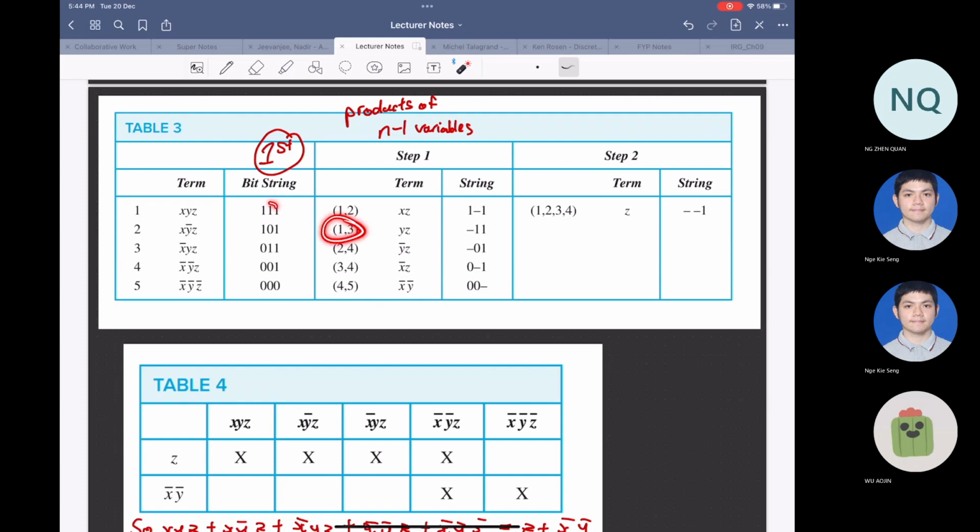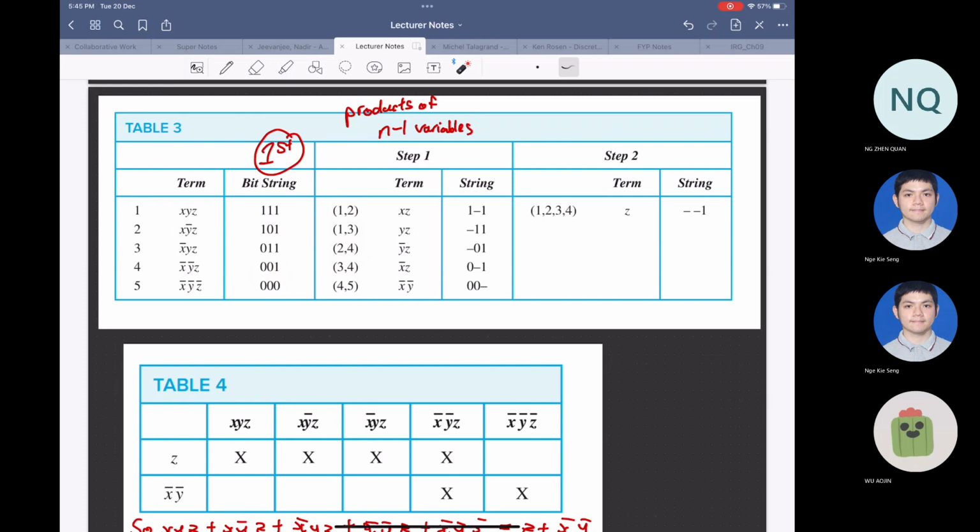Then 1 and 3 can also combine because they differ at 1 literal, and 2 and 4 differ by 1 literal, so they can combine. You check for any two of them. So there's 1, 2, 1, 3, 2, 4, 3, 4, and 4, 5. Everyone can see it?